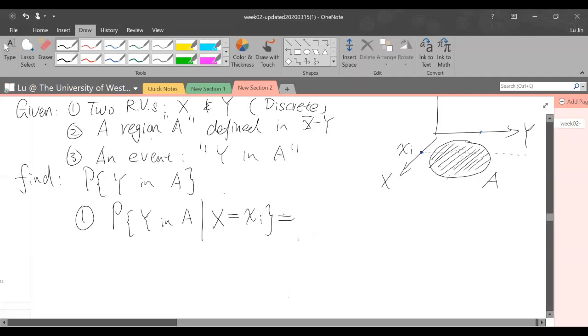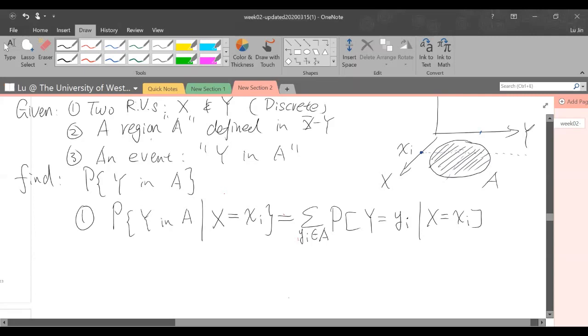This conditional probability is equal to the summation of the probability that the random variable y equals yi when x equals xi. In here, the yi is within the region A.